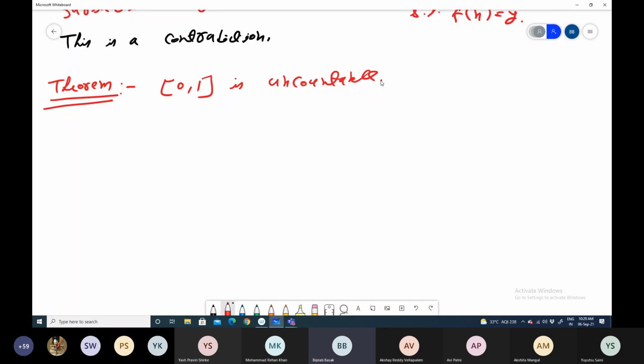And as a corollary, you can prove that R is uncountable because 0, 1 is an infinite subset of R. If R is countable, then a subset of it would be countable. But since this is uncountable and is a subset of R, you can say that R is uncountable.